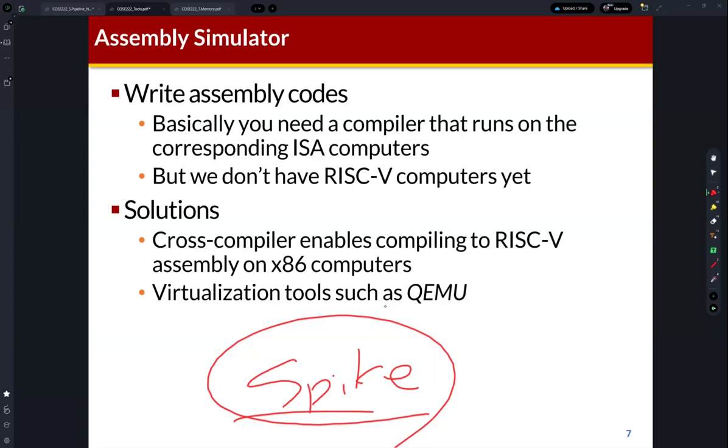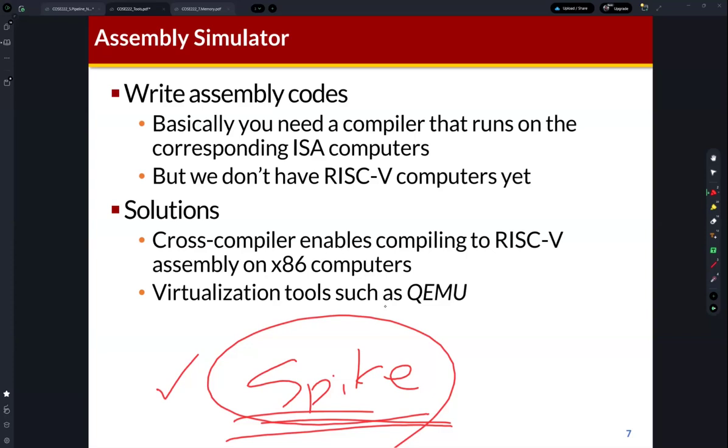Commodity computers, like Intel CPUs or Apple CPUs, cannot run RISC-V binaries, right? But if we use Spike, then we can run RISC-V binaries. Spike is just a software application.